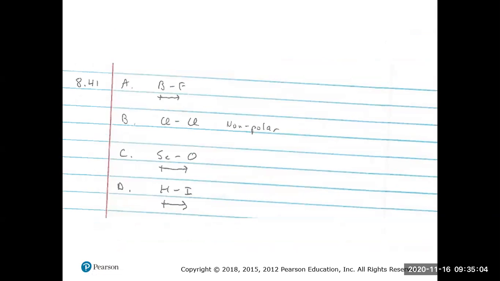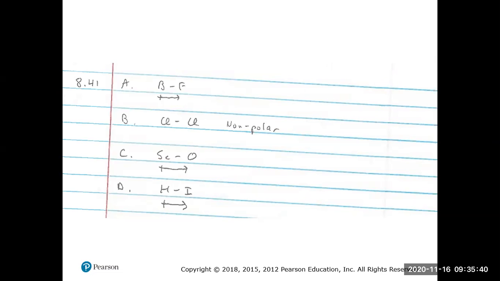Okay, 8.41, it asks which of these are polar, and then which is more electronegative. So if we look at all of these, this is where we'd go back to that table that has the relative polarity values. And we see that for BF, we know that fluorine is the most electronegative. So we would draw that with the plus sign on the B, and then the arrow going over towards the fluorine.